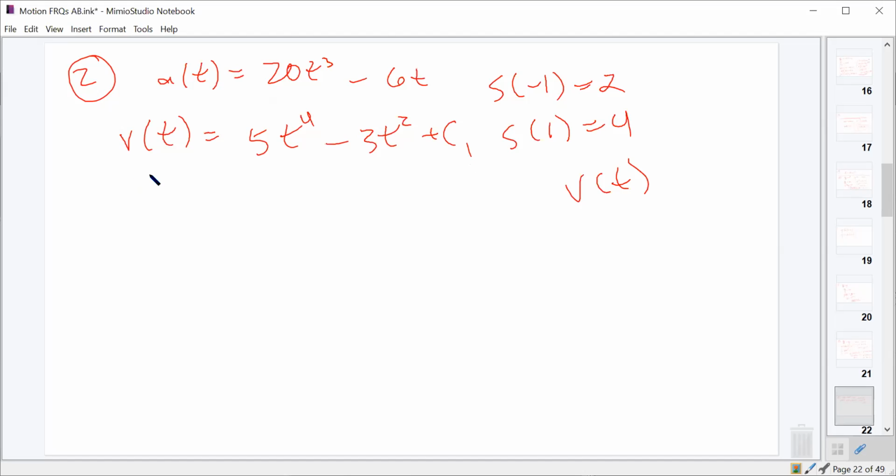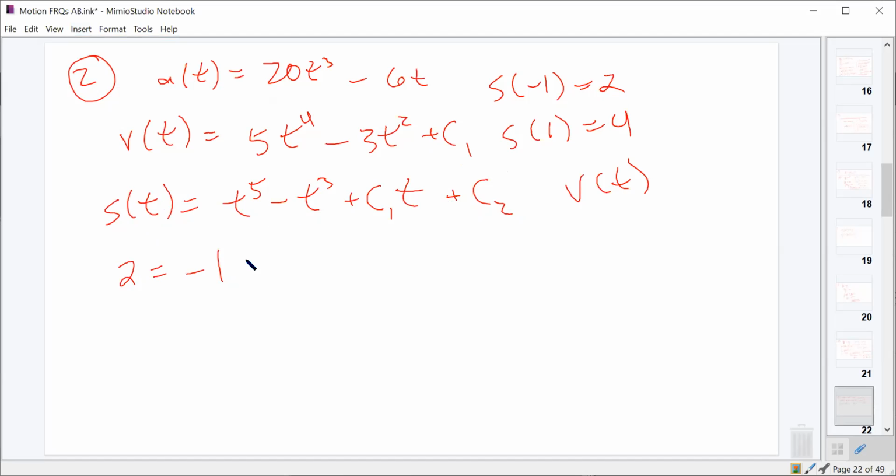And then since we're given initial values for position, we're going to integrate this again to get s of t equal to t to the 5th minus t to the 3rd plus constant 1 times t plus some other constant. We should be able to plug in both these values to get 2 different equations with both these unknowns c1 and c2, so we can solve a system of equations. If I plug in -1, I should get 2.